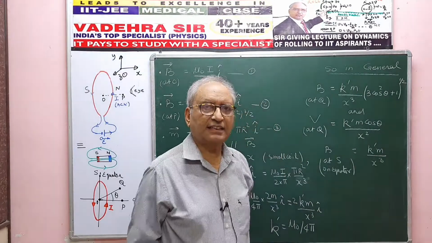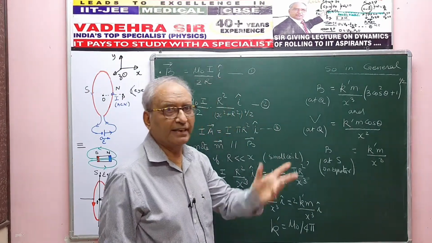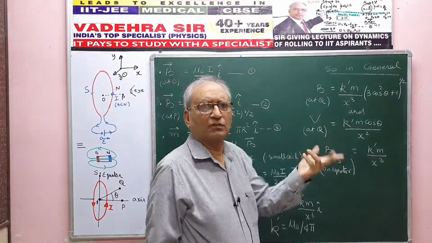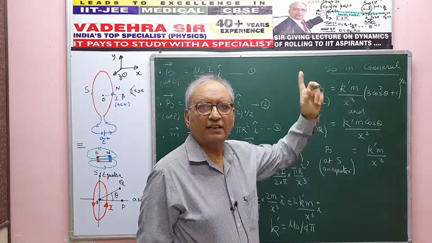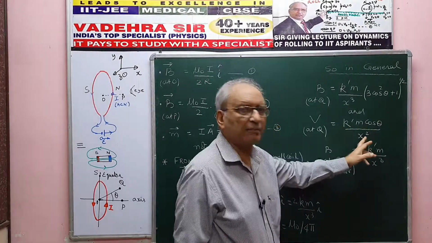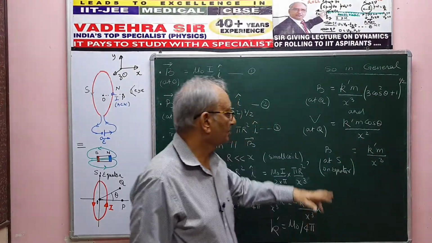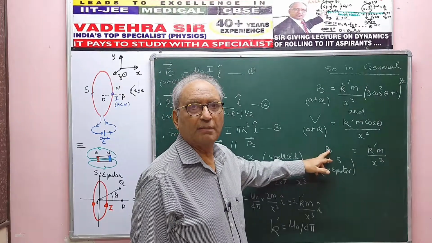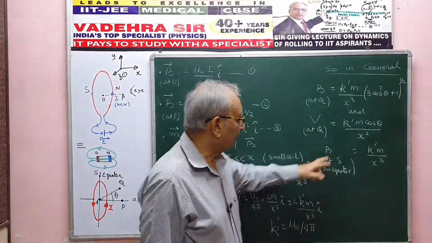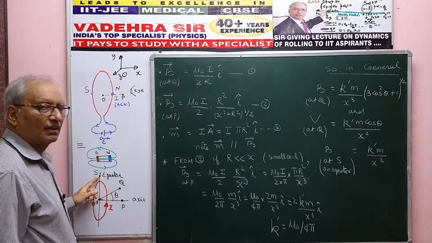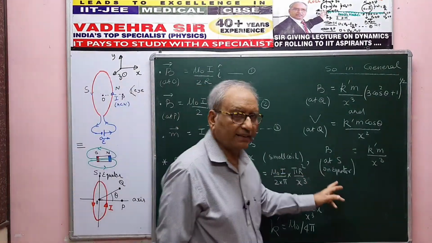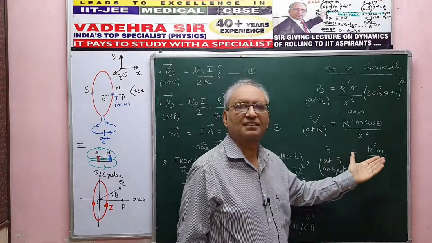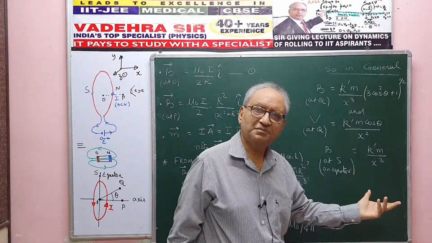Same expression that we did for the electric dipole. I am reminding you again and again. And the magnetic potential, that was kp cos theta by r square, so here it is k dash m cos theta by x square. Now for this dipole I can know even the magnetic field at the equator, a point S. At the point S on the equator, there it was kp by x cube, here it is k dash m by x cube.